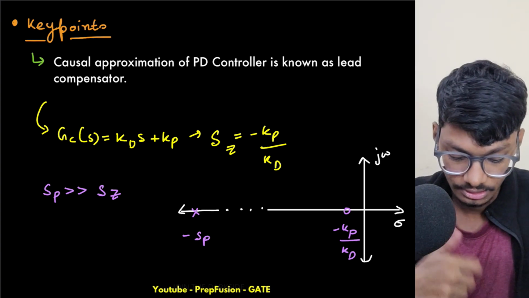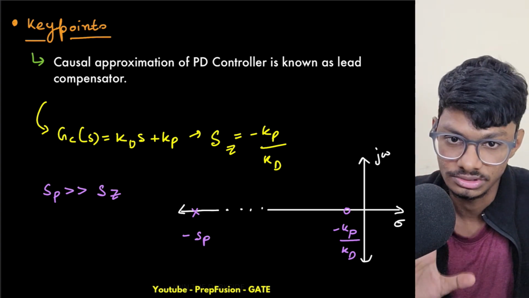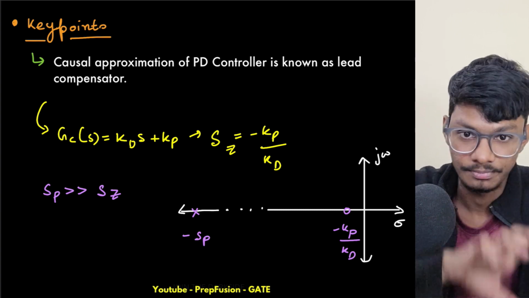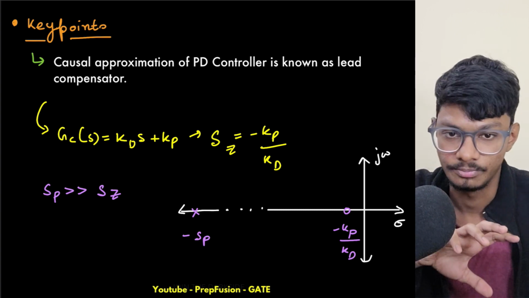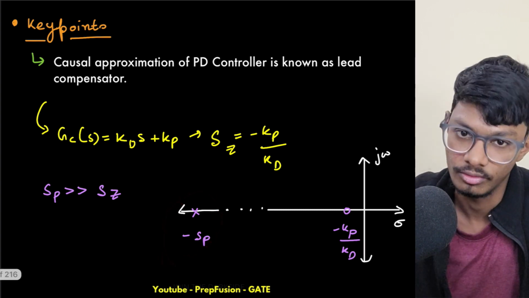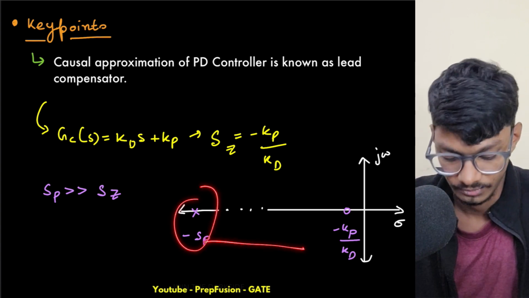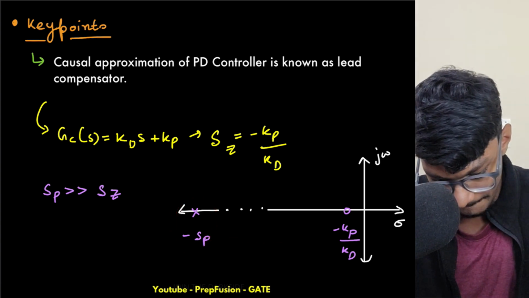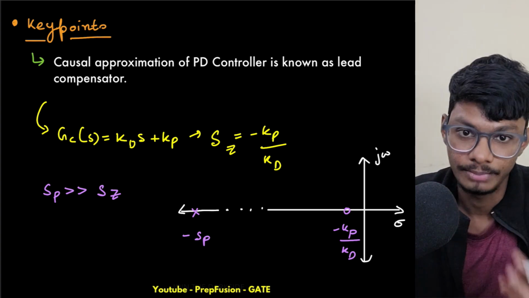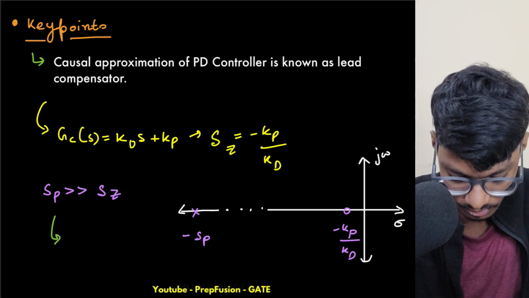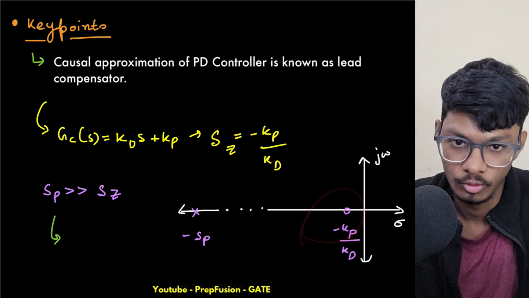So what we basically want to do is the causal approximation, right? We don't want to mess up the root locus, we just want to do the causal approximation, because by placing a pole very far away from the origin, this won't affect anything. This won't affect the system parameters, as the zero will be more dominant.